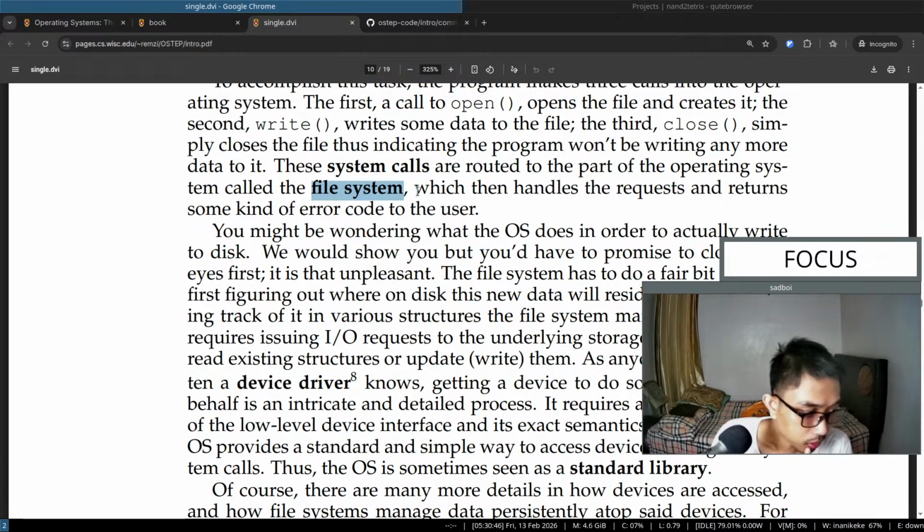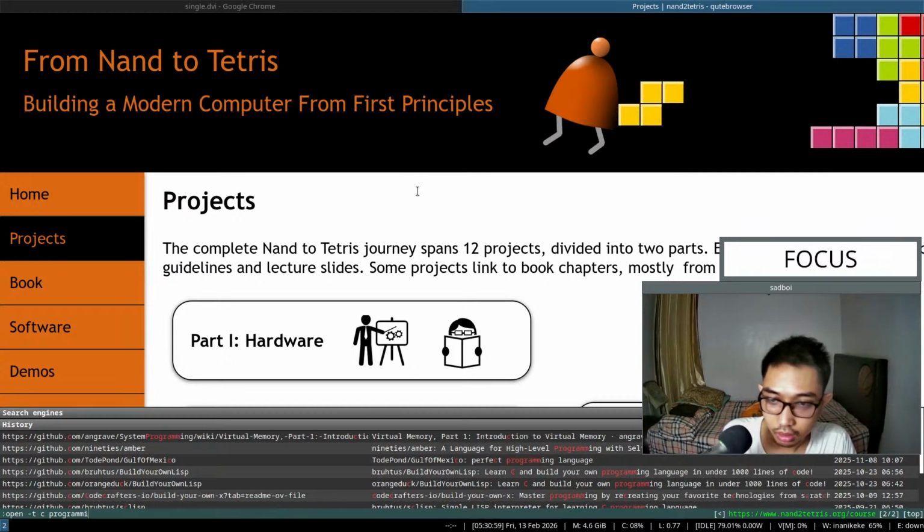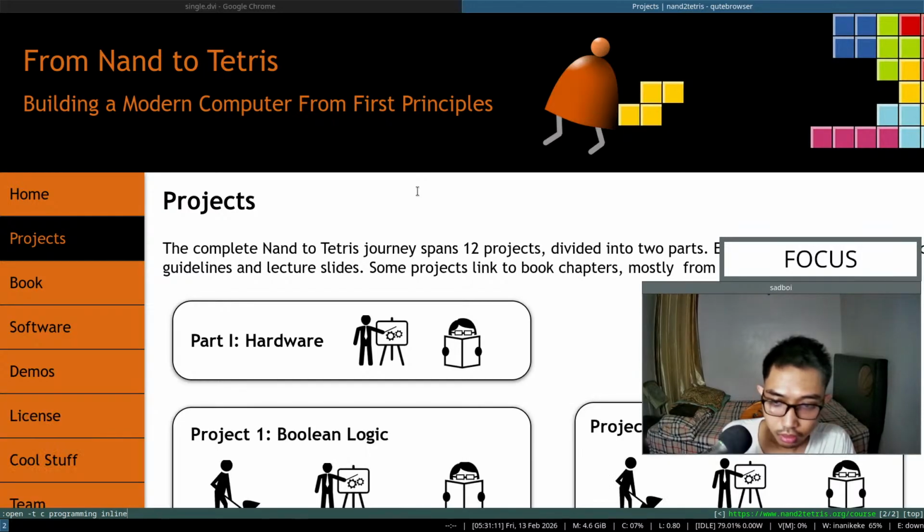I am not sure. I mean, if I remember correctly, we can embed assembly directly into the C or maybe C++ source code, inline assembly.